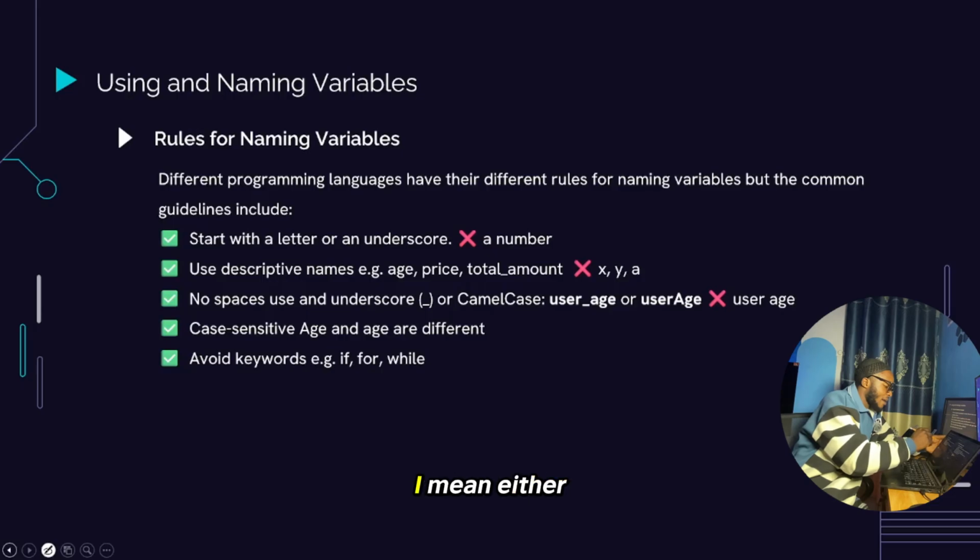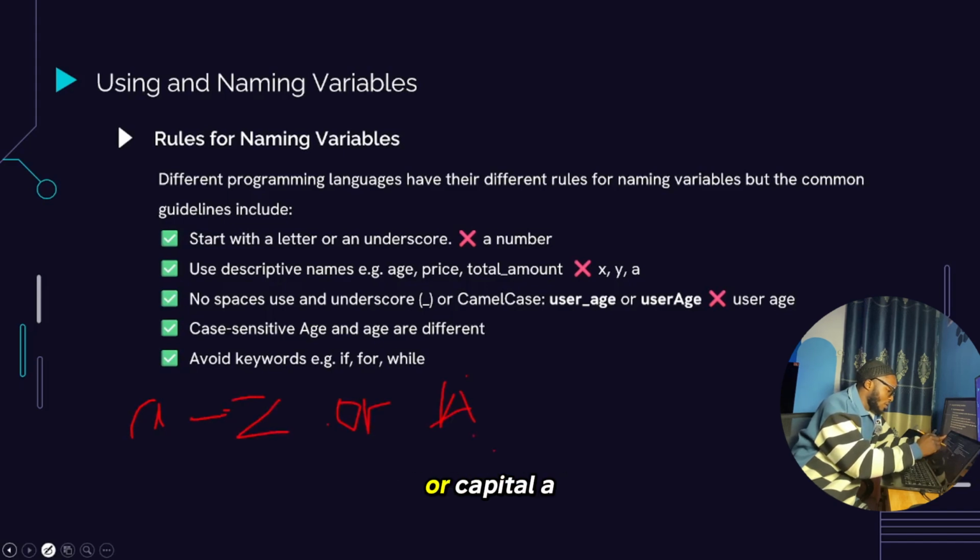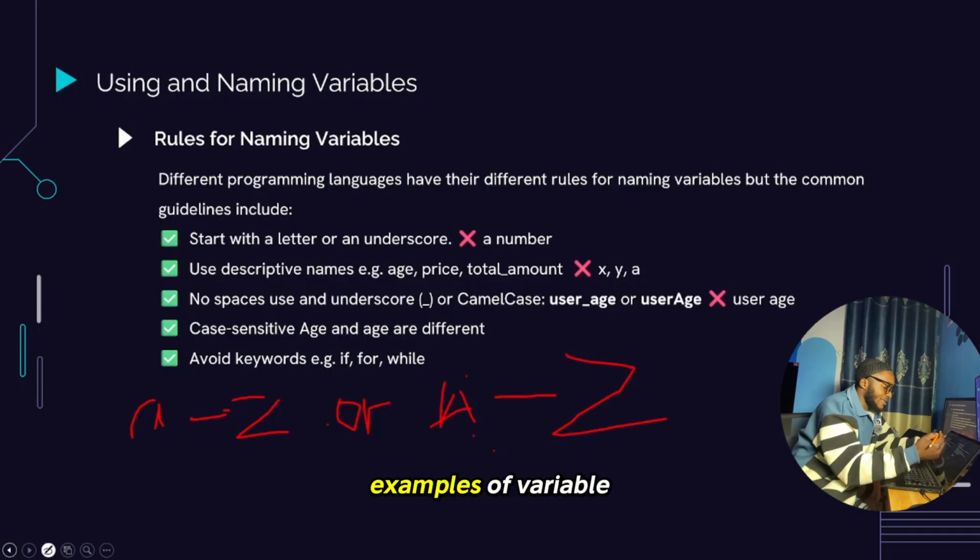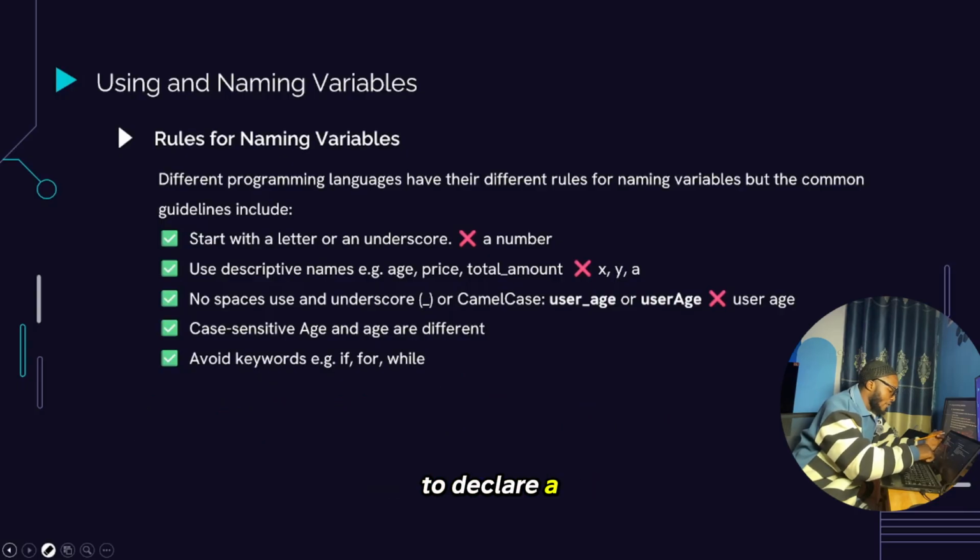With letters, I mean either capital A to capital Z or small a to small z. So these are examples of formats that you should use to declare a variable.